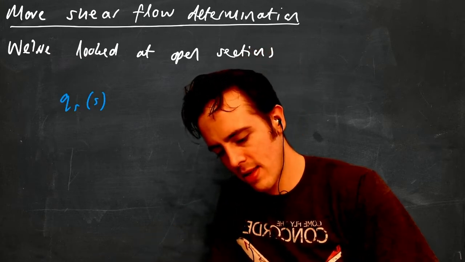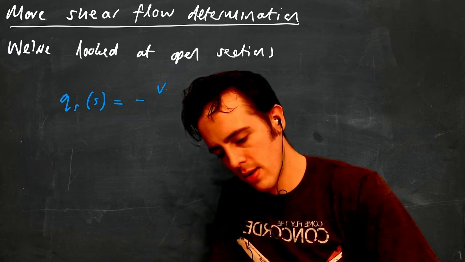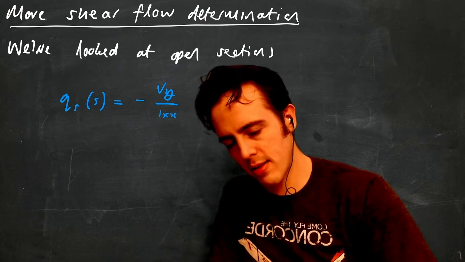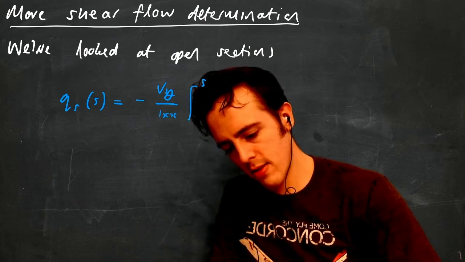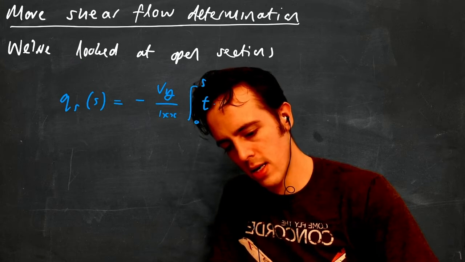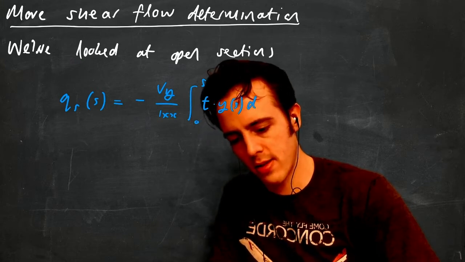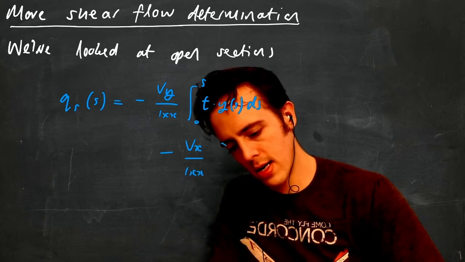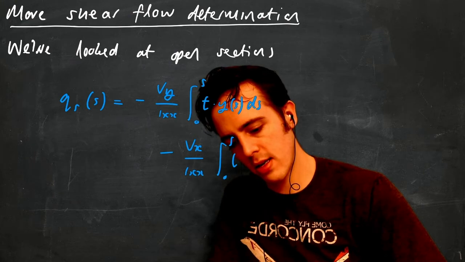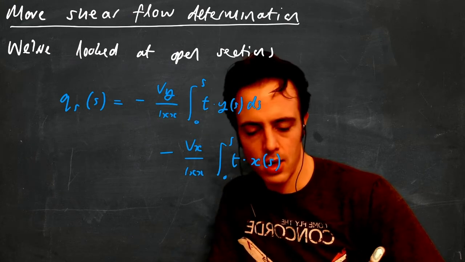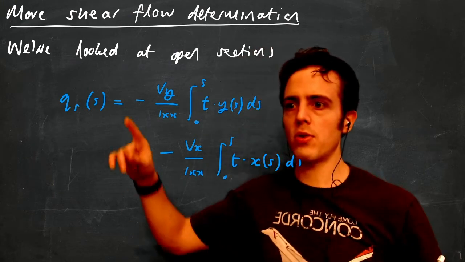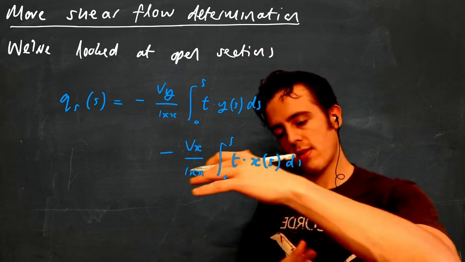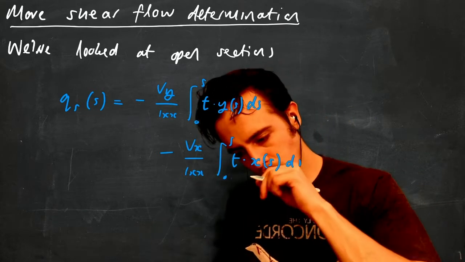Qs as a function of s is equal to minus Vy, whatever the y direction force is, divided by Ixx, and then we integrate from s to 0 of t y as a function of s ds, minus Vx on Ixx, and then we do the same thing, integrating the thickness and then the x displacement as a function of s ds, where the x and the y here, that's the distance away from the centroid of the section.